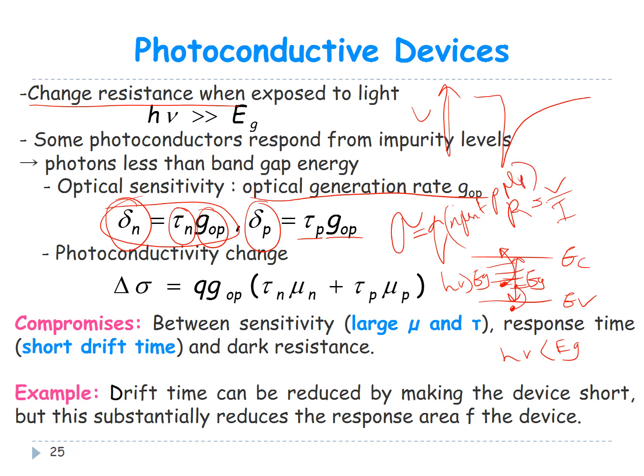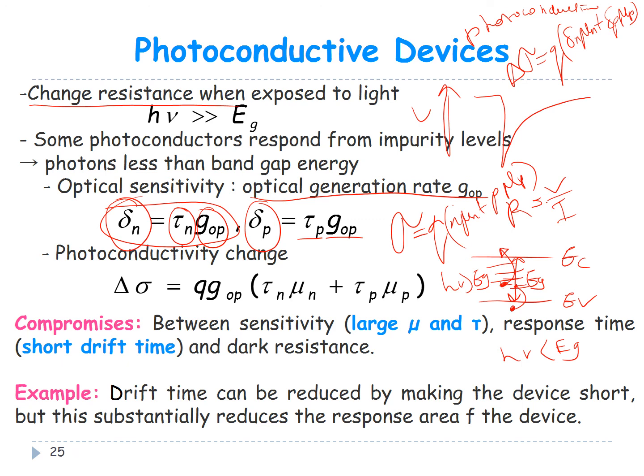We are saying that the conductivity changed due to excess carrier concentration, so delta sigma is equal to Q times (delta n mu n plus delta p mu p). This is the increase in conductivity due to illumination.